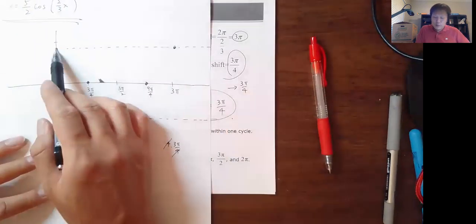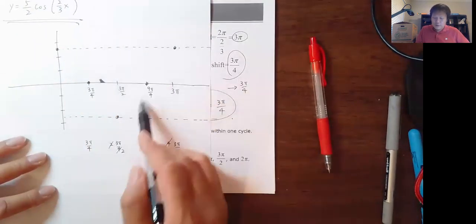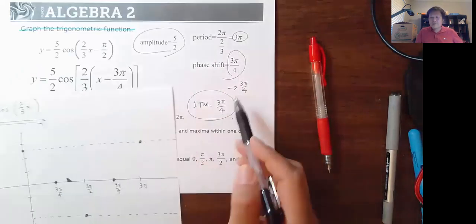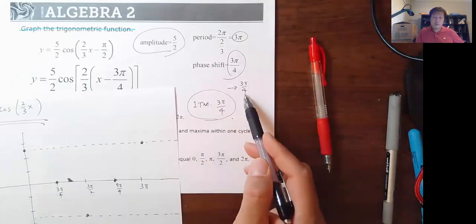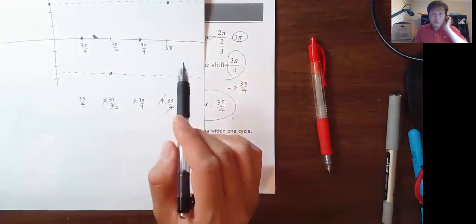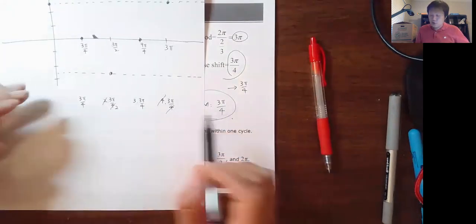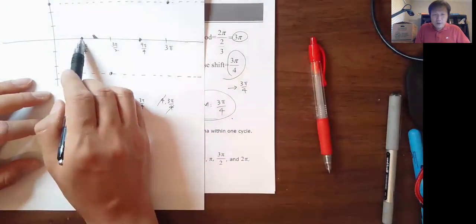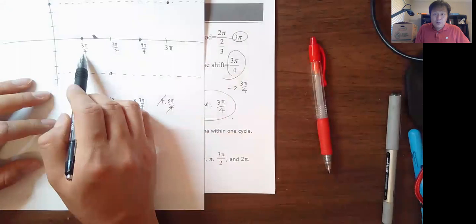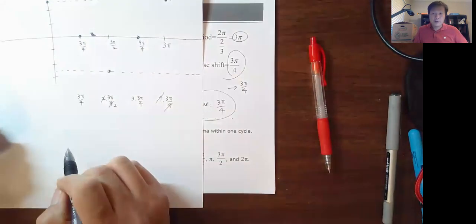So we are done here without phase shift, but we have to consider phase shift, which is right by 3 pi fourth. Again, this is a relatively simpler question because you're moving right by 3 pi fourth and one tick mark happened to be 3 pi fourth. All you have to do is move right by one tick mark.